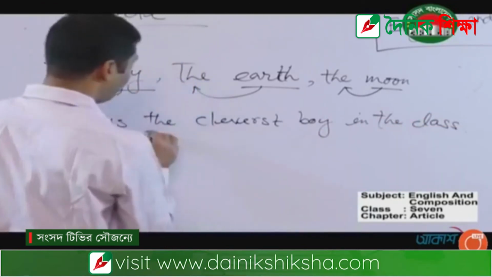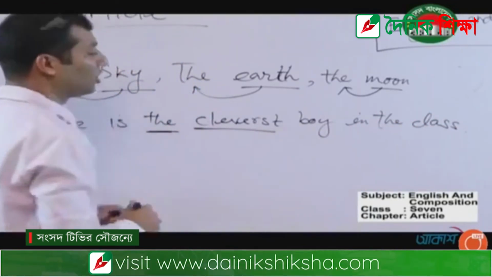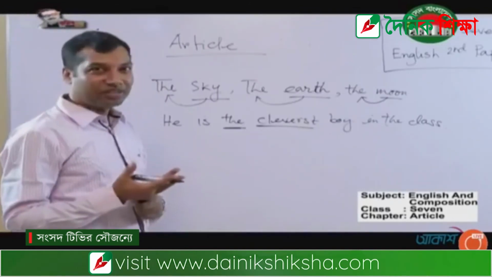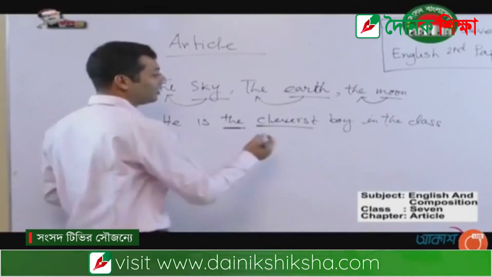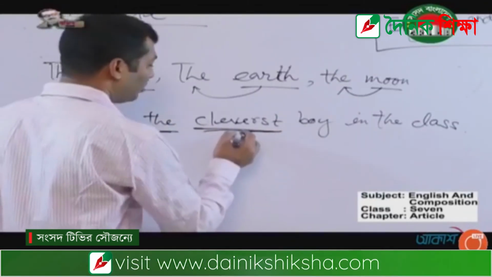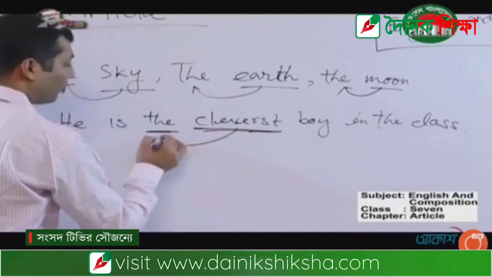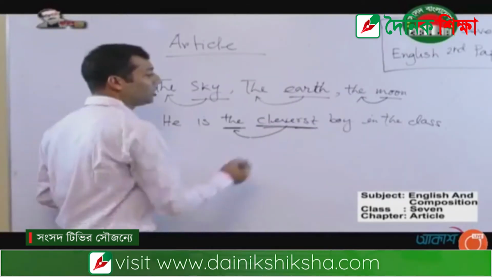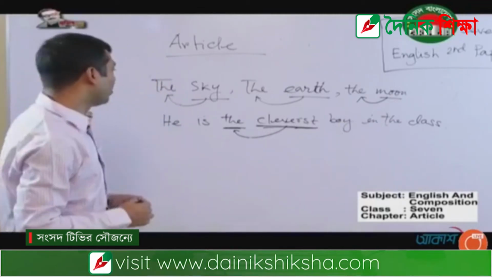So look at the use of "the" here. Cleverest. You know the word clever. This is the positive form. Cleverer is the comparative form, and cleverest is the superlative form. So as it is superlative, you must use the article "the" before the word cleverest. You must use the article "the" before a superlative form of a word.